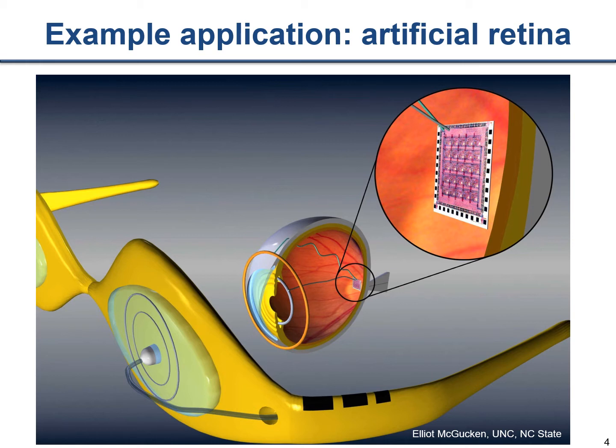So this sort of application involves a biological system whose phototransduction functionality has been damaged somehow, and we are trying to recreate it artificially. Building a retinal prosthetic is extremely difficult. In fact, there's a startup company in San Diego that is trying to do this, and actually they're making very good progress.